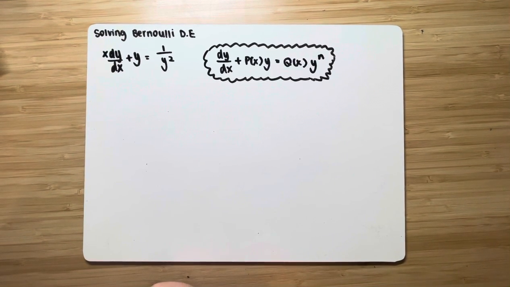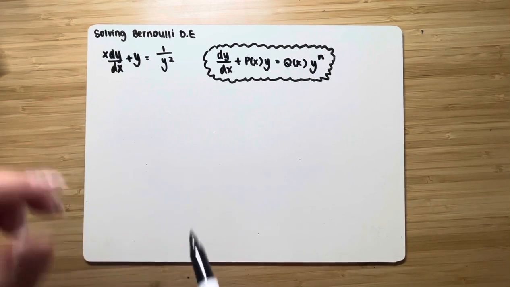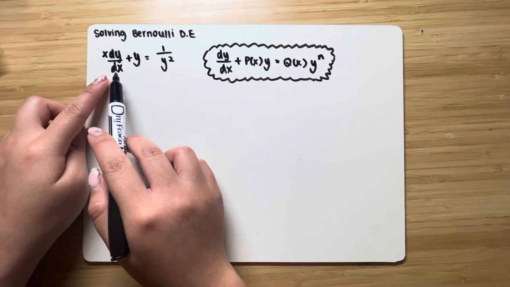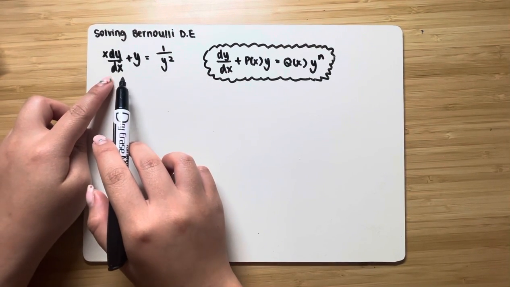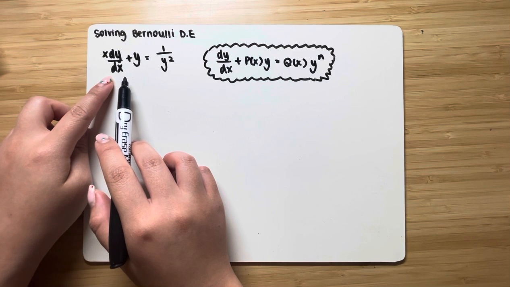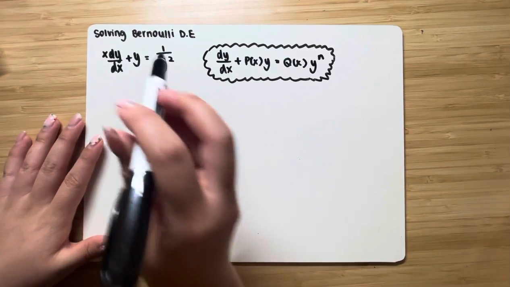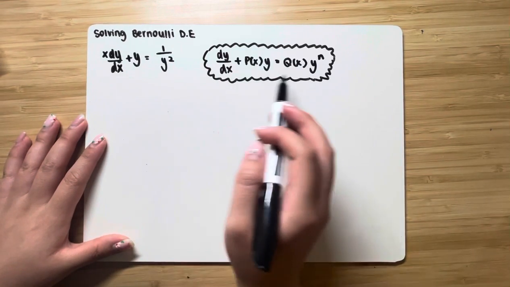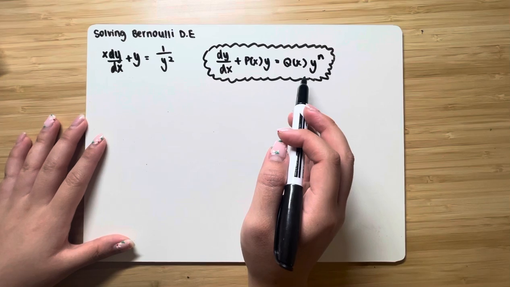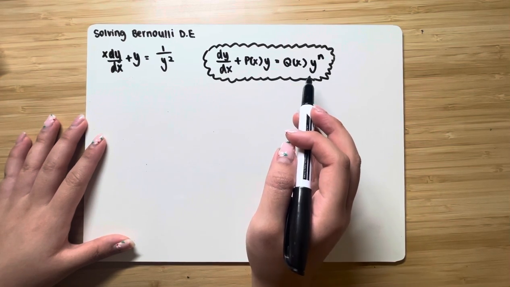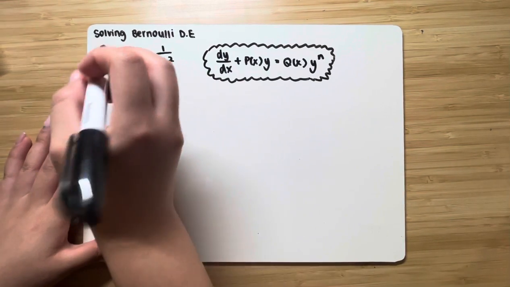In this video, we are solving Bernoulli differential equations. So we have a Bernoulli differential equation right here. We want to begin by turning it into this form. This is called an almost linear form. Now we want to turn this into this.